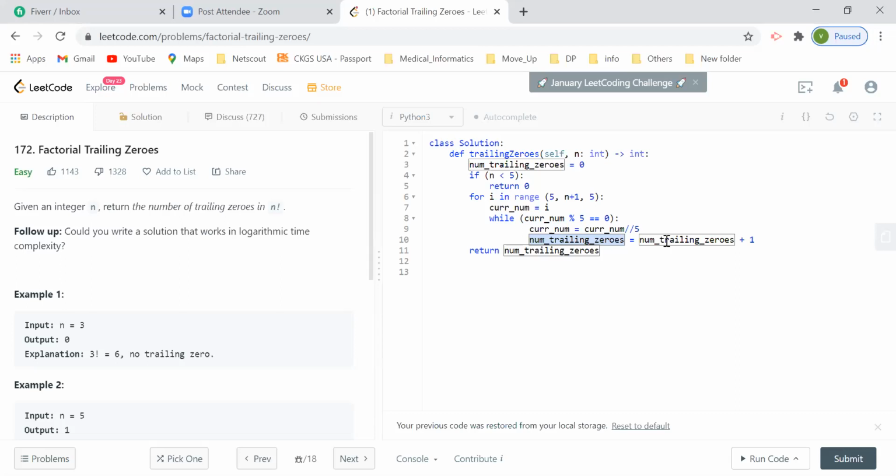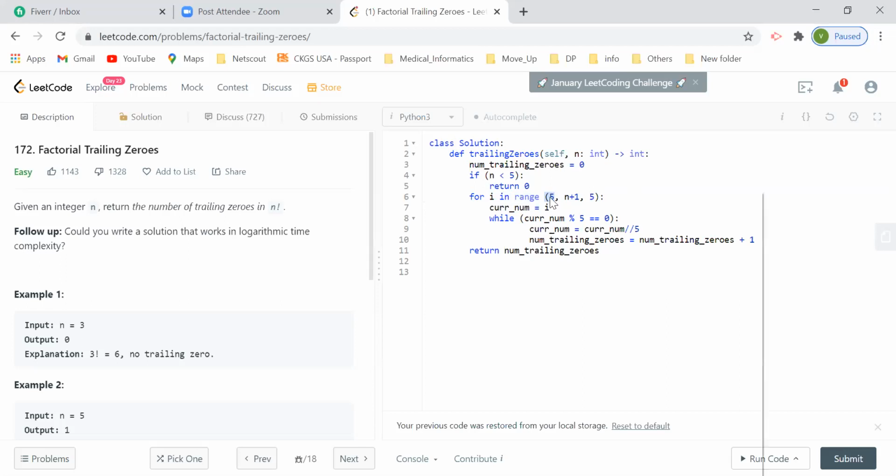Another thing: can you explain the line 6? Line 6 is a for loop, what does it do? Basically it goes through every fifth number and finds out how many times it is divisible by 5.